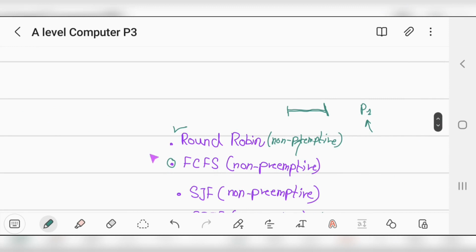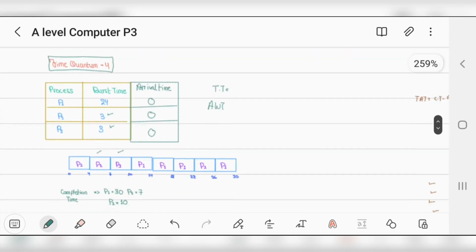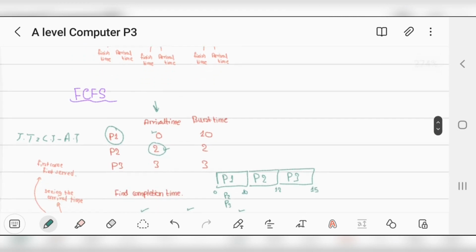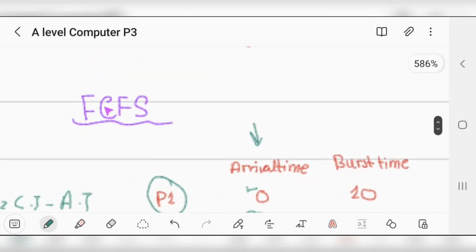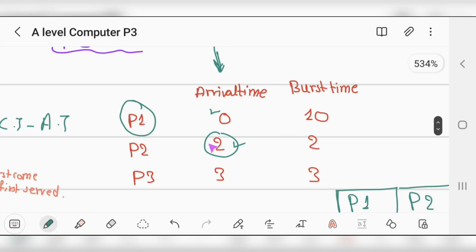First come first served means exactly that: we focus on the arrival time. Any process that came first, or early, will be served first. The arrival time is 0 for process 1, 2 for process 2, 3 for process 3, and each has its respective burst time.